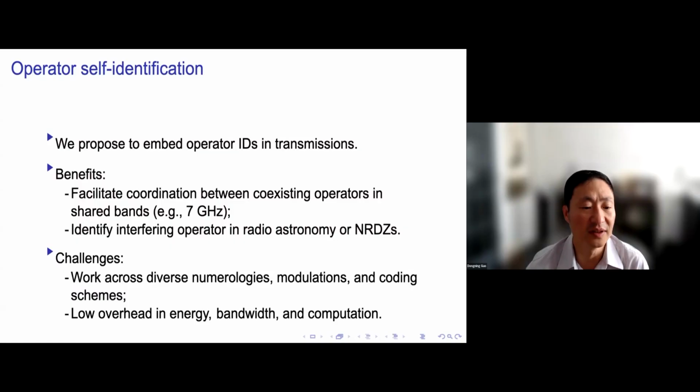We don't have information about the modulation and coding scheme of the interfering transmitter.